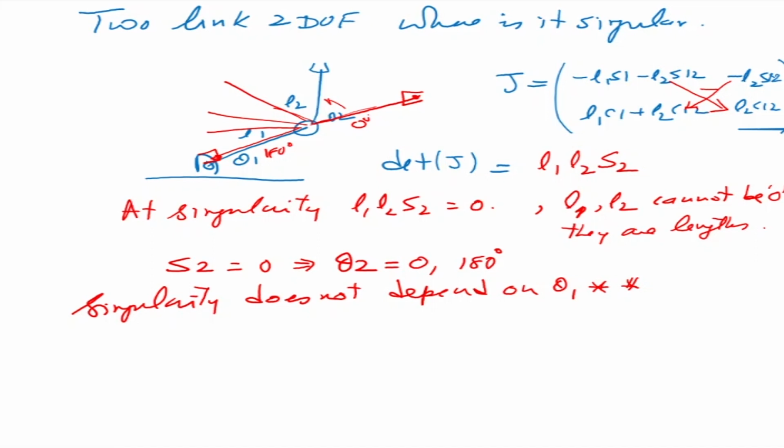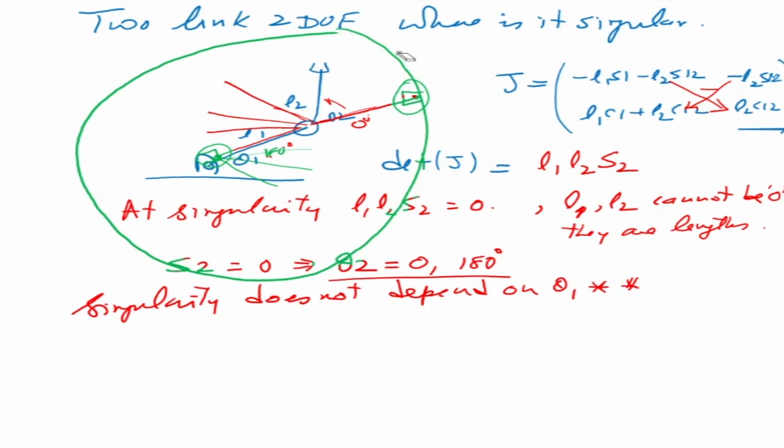So these are 2 points for theta 2 equal to 0 and 180. One point is here, another point is there. Now if I change theta 1, there can be different theta 1, so this will trace a circle like that.